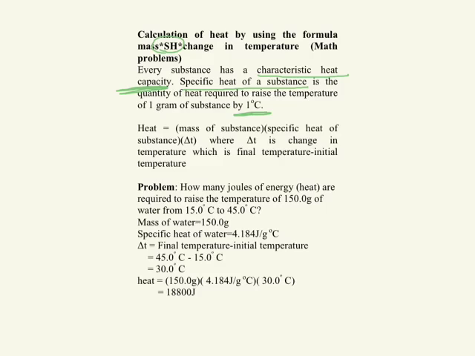For example, the specific heat of water is 4.184 joules per gram degree Celsius. What does this mean?